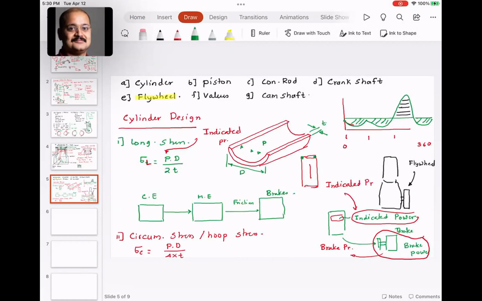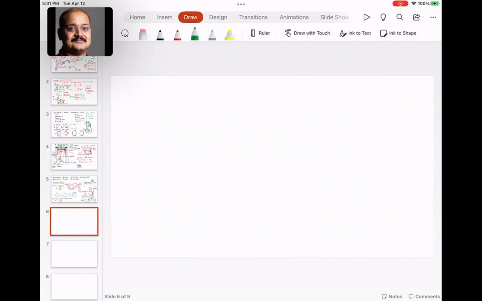Okay, so what are the steps? Whenever you are going to design an internal combustion engine, you want to find out the maximum pressure inside the cylinder. It could be either a design parameter, or it could be given as part of the brake power that you need.